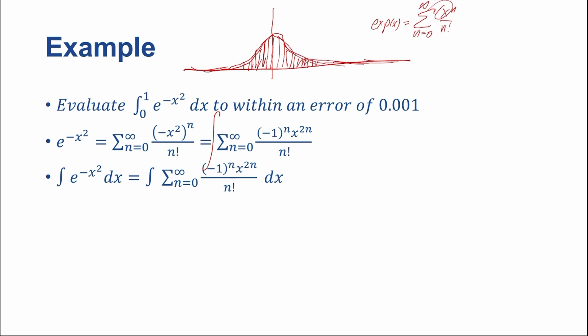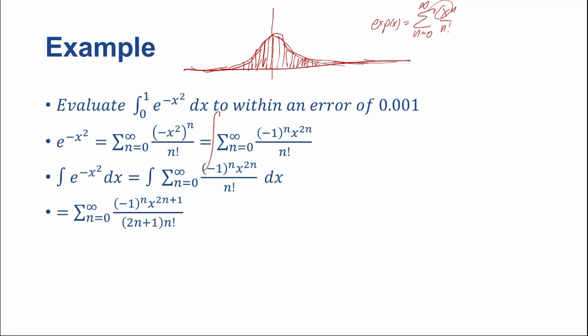All right, so what we can do now is perform this antiderivative by taking out all the constants that we don't need and just performing an integral on the x to the 2n term. This gives us a nice expression. We get the sum from n equals 0 to infinity of negative 1 to the n times x to the 2n plus 1 over 2n plus 1 times n factorial. All right, that should make a lot of sense.